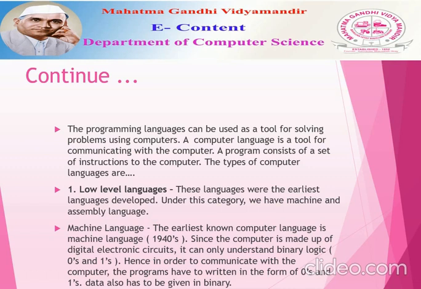Imagine you have to write code to calculate the area of a circle, and everything is in zeros and ones. It is not easy to understand, and not easy to write the code, because if everything is zeros and ones, we get confused.